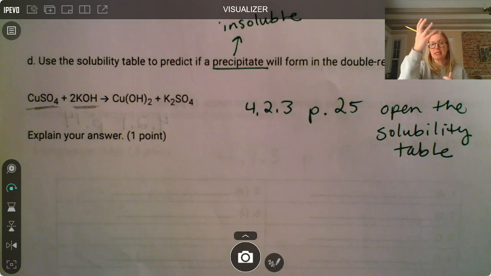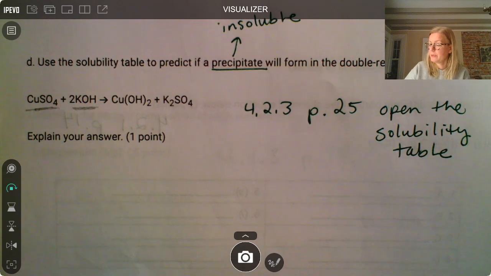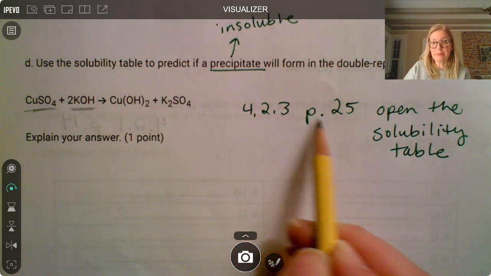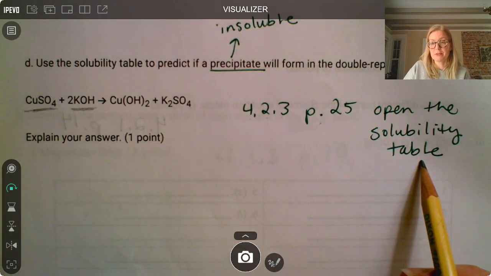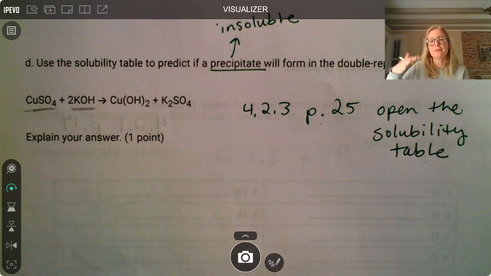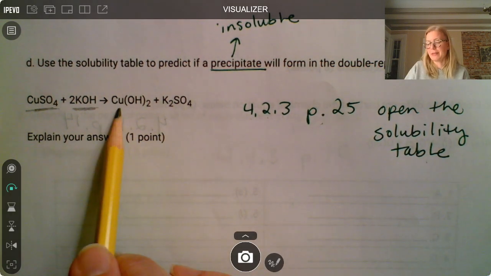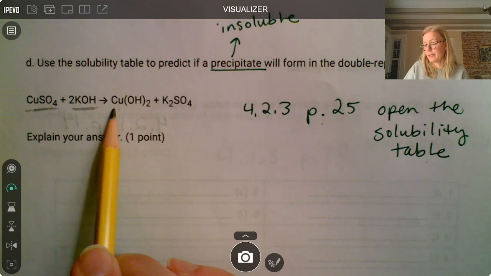And all of a sudden you'll see this kind of powdery stuff sink to the bottom. That's the precipitate. And the reason it's sinking to the bottom is because it made a new substance that doesn't dissolve in water. So what you need to do is go to 4.2.3, page 25, open the solubility table that's on there. There's a link to it. And that'll give you the rules for figuring out if a compound dissolves in water or not, okay?